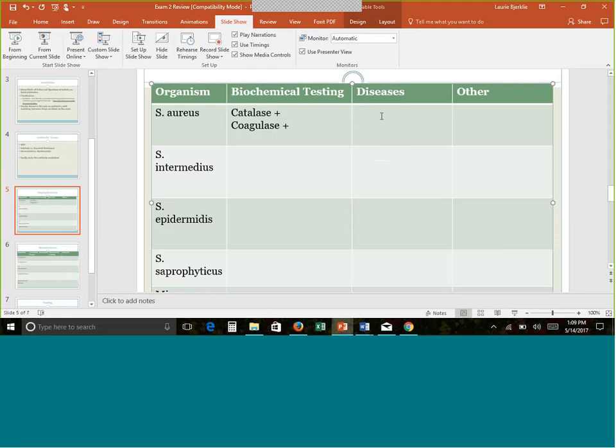As far as diseases go, this is just a huge pathogen. It causes so many different things that I just always say everything, because it can really cause almost anything. It goes from skin infections to UTIs, to wound infections, to septicemia, to pneumonia. It goes a whole spectrum of different types of diseases, so we're not going to get too specific here.